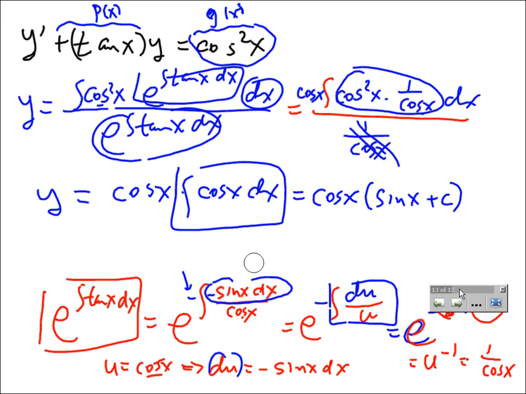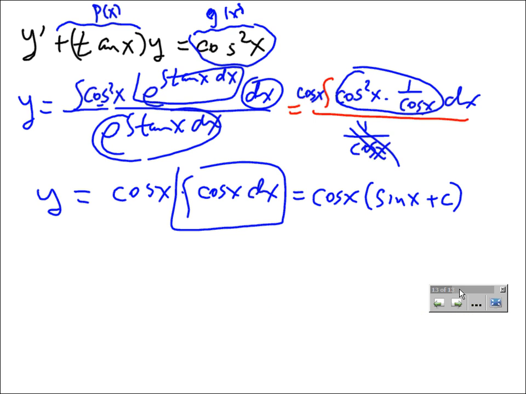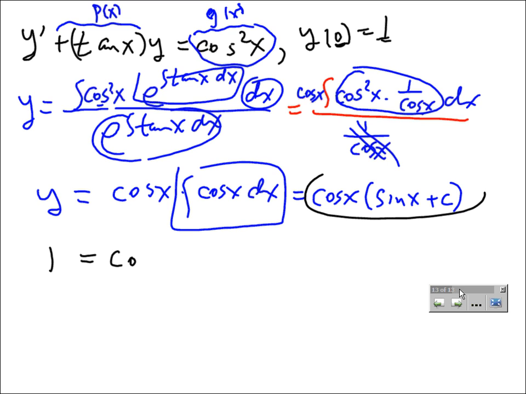But let's make this problem a little bit more interesting. Give it an initial value condition. Suppose you come to know that y of 0 is 1. That is, when x is 0, y is 1. So copying this down, except I put 0 for x.